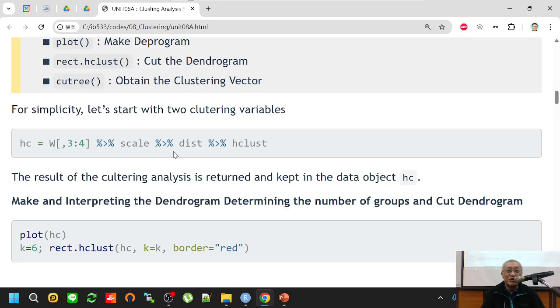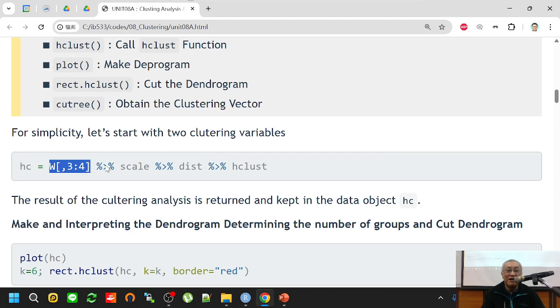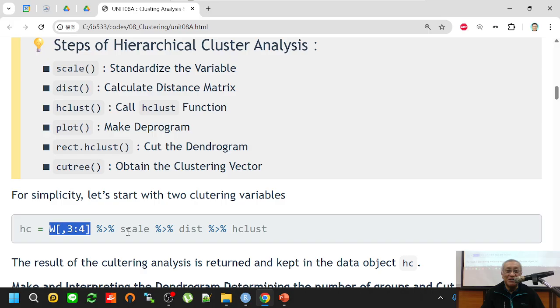Okay, so you just put in the data, and in R, when you want to do scale, you just call the scale function. You want to calculate the distance, you just call the distance function. You want to do the hierarchical clustering, you simply call hierarchical clustering, right? So you don't really need to worry about how to do that.